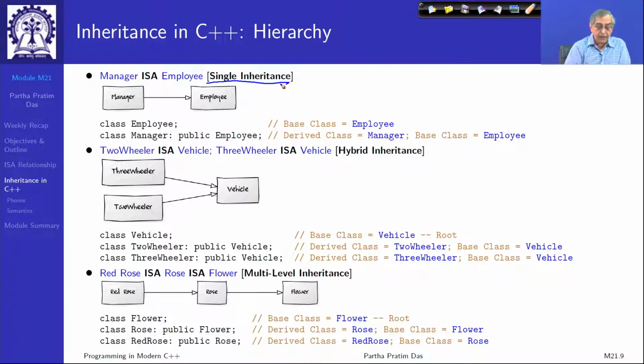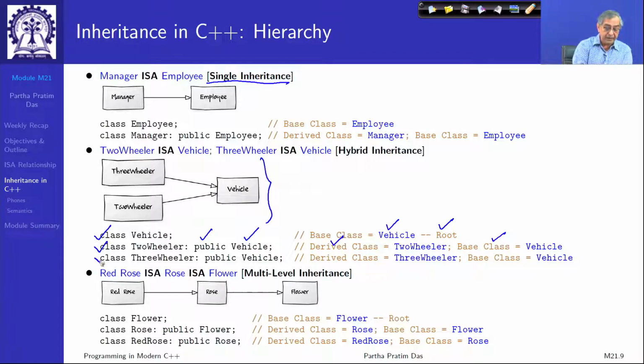You can have the two-wheeler, three-wheeler. Two-wheeler is a vehicle, three-wheeler is a vehicle. So, we have a base class or the generalized concept as vehicle, which is what we call a root, because you will soon see that this becomes a tree. Class two-wheeler is public vehicle, so it is a derived class with base class as vehicle.